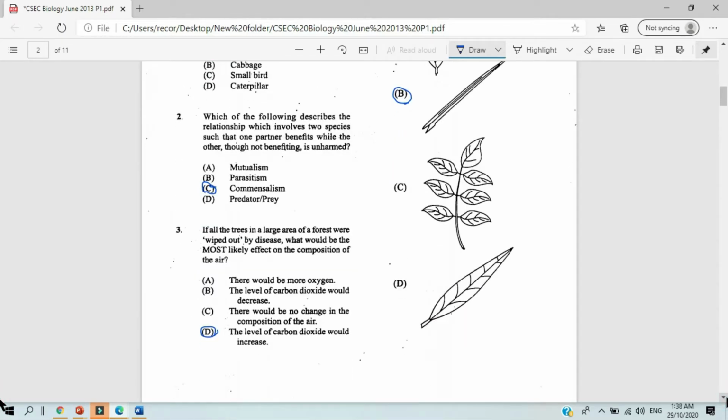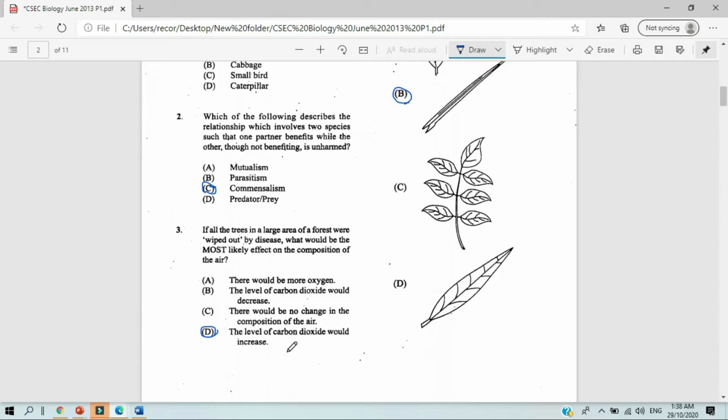3. If all the trees in a large area of a forest were wiped out by a disease, what would be the most likely effect on the composition of the air? Now, our answer there is going to be D, the level of carbon dioxide would increase.